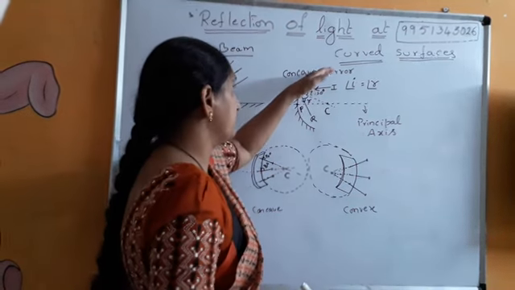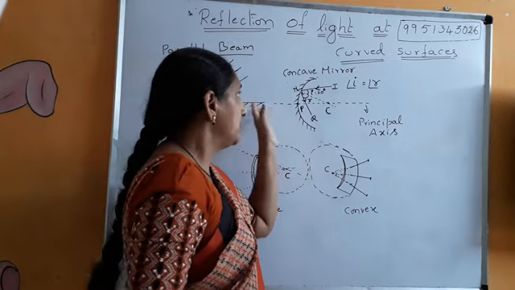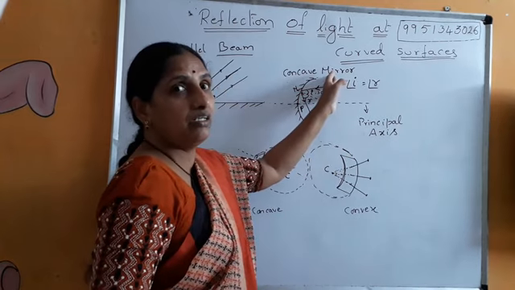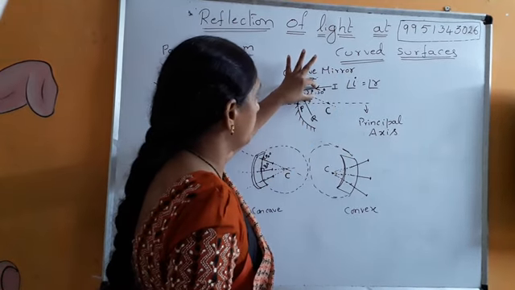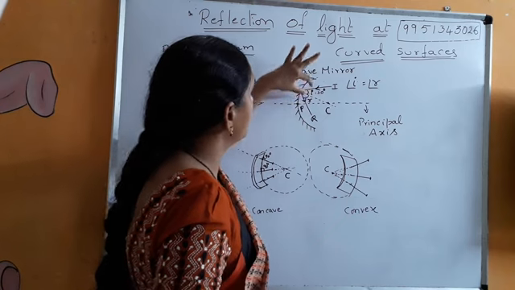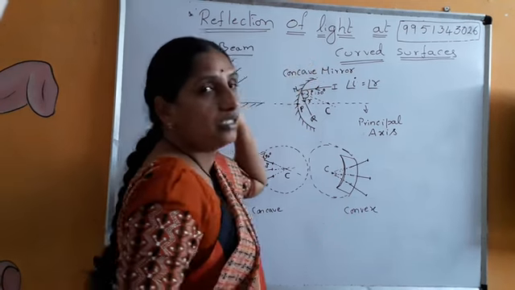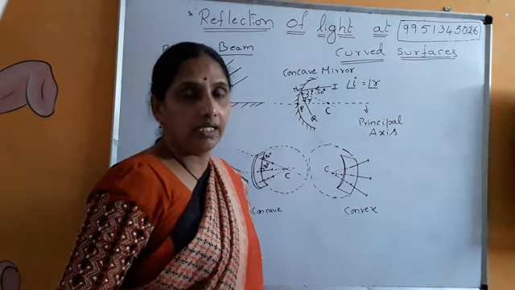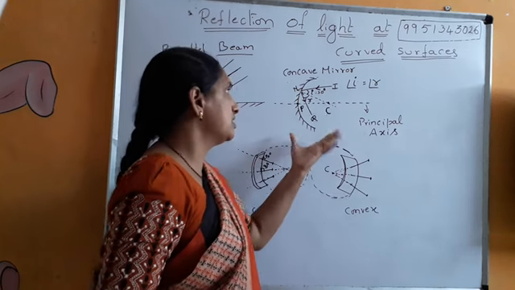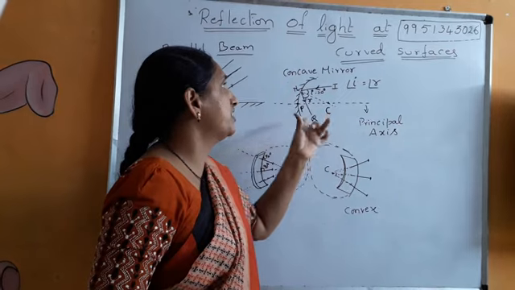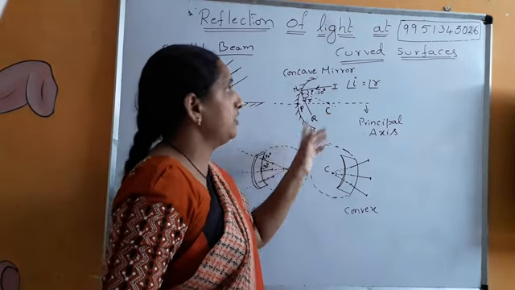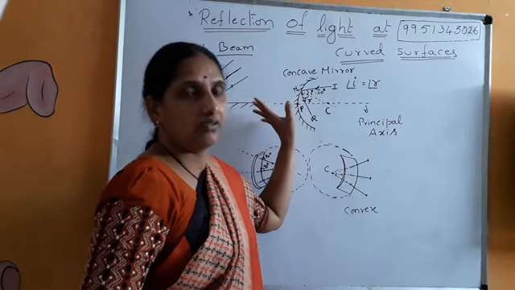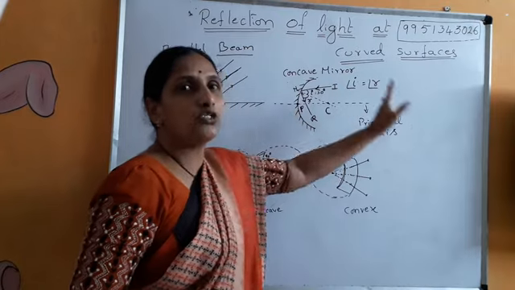You have to first consider which optical surface you are taking, then the principal axis, then the normal, then the incident ray, then see approximately how much angle is formed, try to observe, and then with the same angle you need to draw the reflected ray. Clear? So please children, never make the mistake of taking this as one direct diagram and drawing in whichever direction you want. No, it is not the right way of doing it. Fine? Okay. Let me proceed to the next.